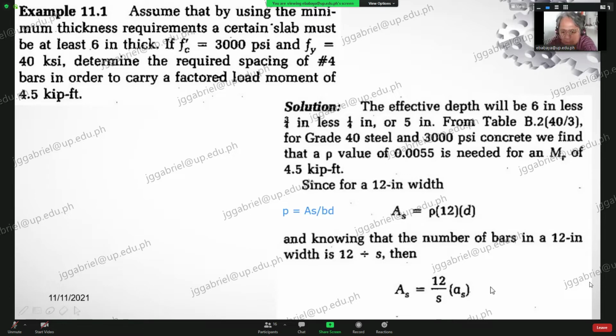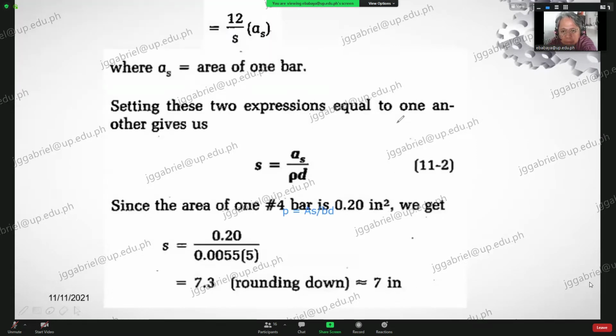Okay, yung capital As. Yung small as, that's the area of one bar. There. So setting these two expressions equal to one another, okay?